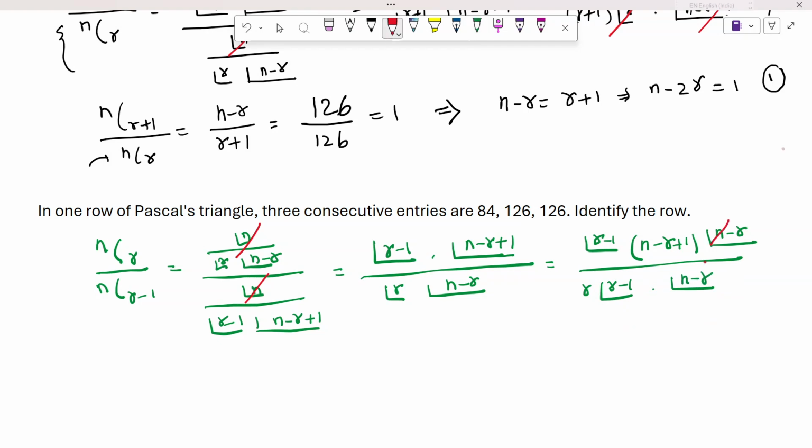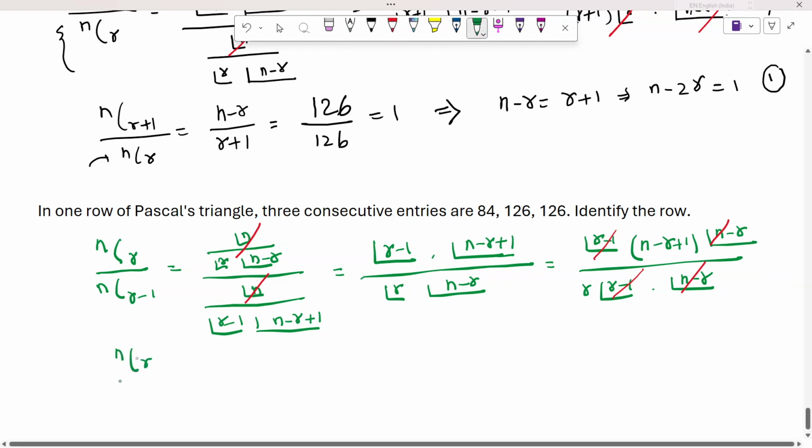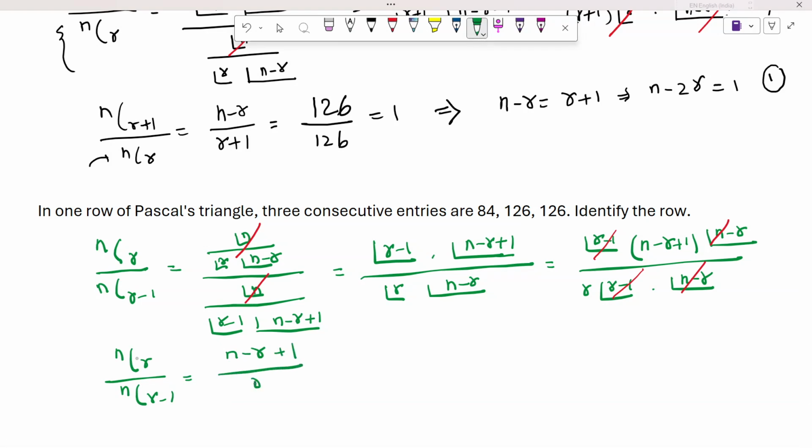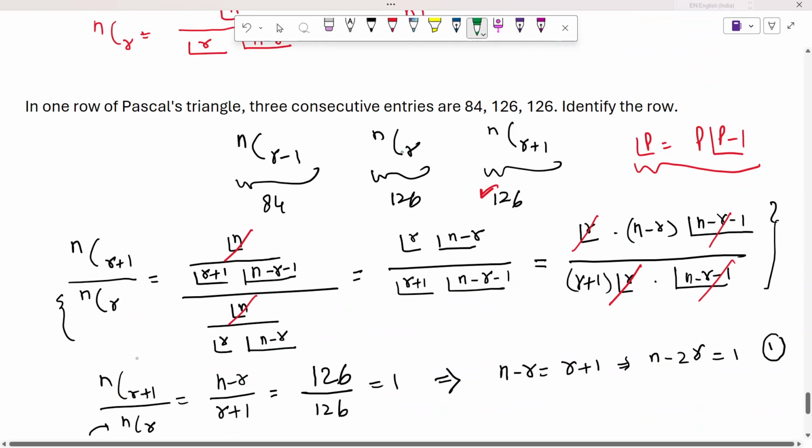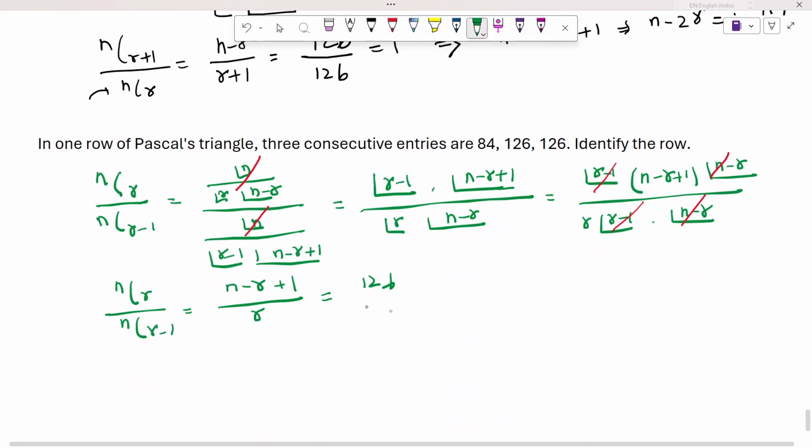N minus r is cancelled, factorial r minus 1 is cancelled, and the value of nCr upon nCr minus 1 is n minus r plus 1 upon r. But this is equal to 126 upon 84, because nCr is 126 and nCr minus 1 is 84.